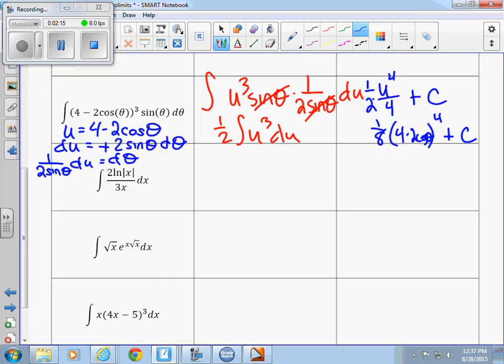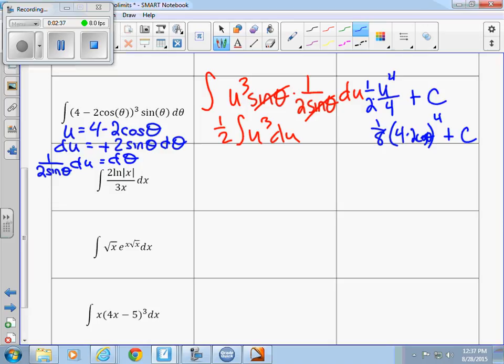Any guesses on what to pick for u on the next problem? Remember, since it's a quotient, we've got to do some sort of u substitution. Ln of x.